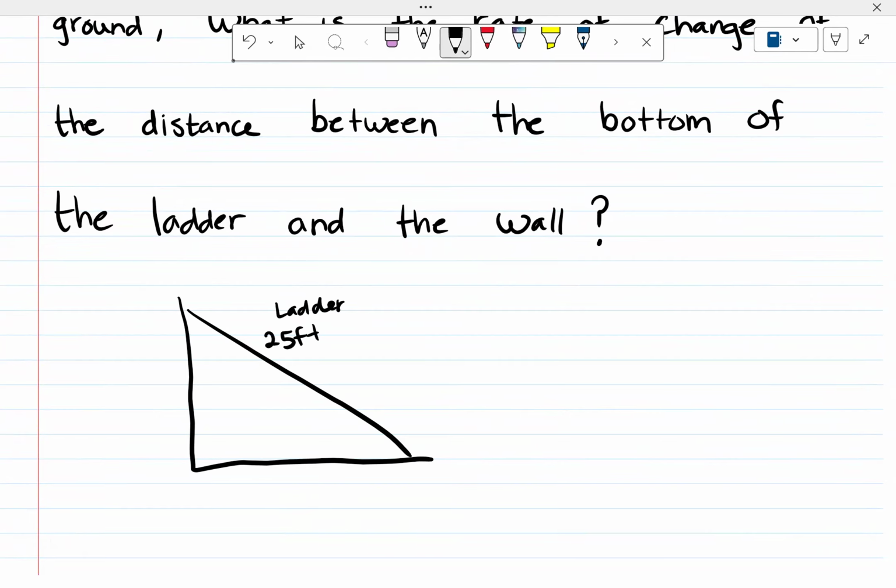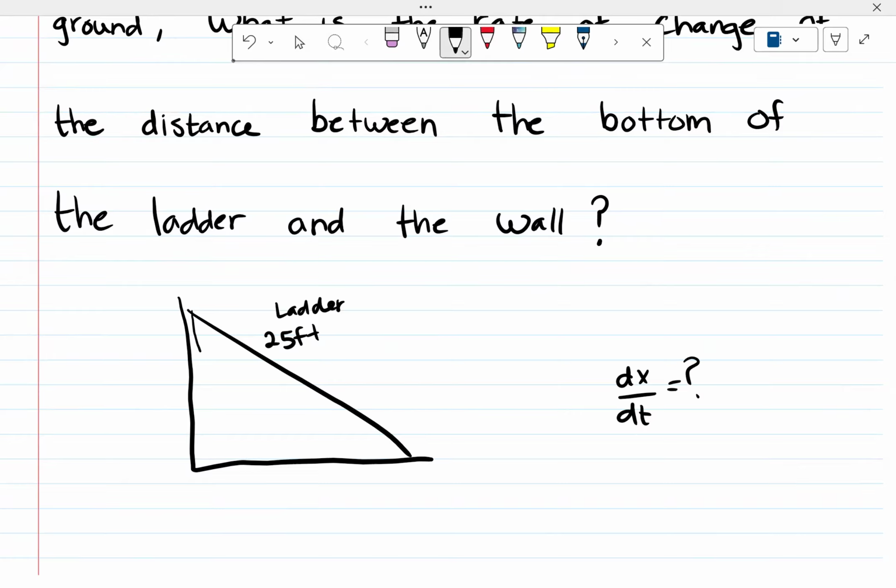So imagine this ladder is sliding down a wall, and we have to find the rate of change of the distance between the bottom of the ladder and the wall. So imagine this ladder going down vertically, and basically we're trying to find dx over dt.